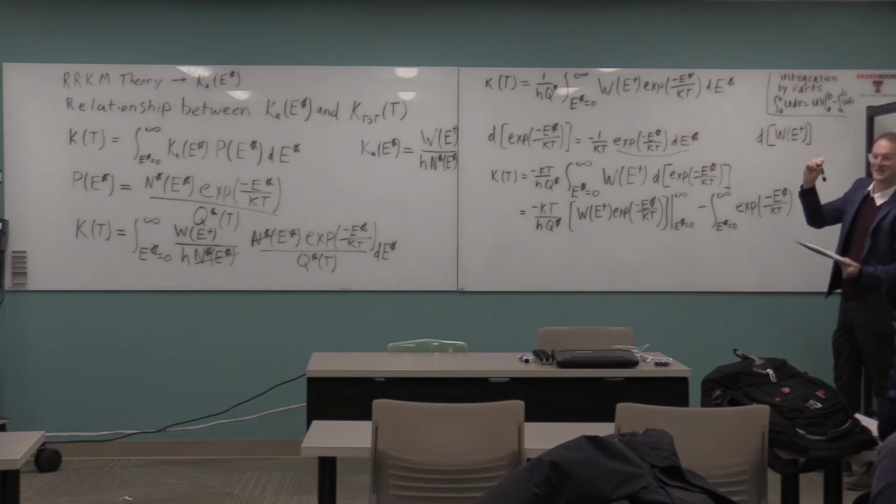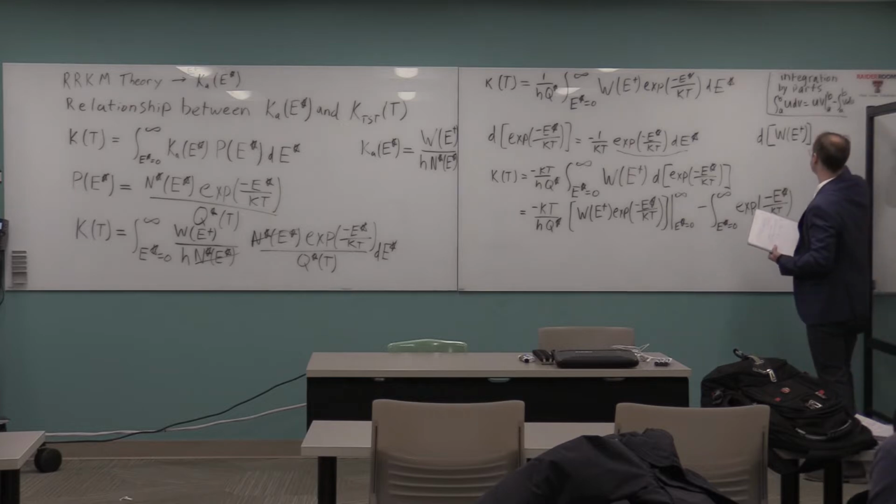Well, there's lots of states. It's going to be the density of states, right? How many states per unit energy times how much energy, how high in energy we run up.